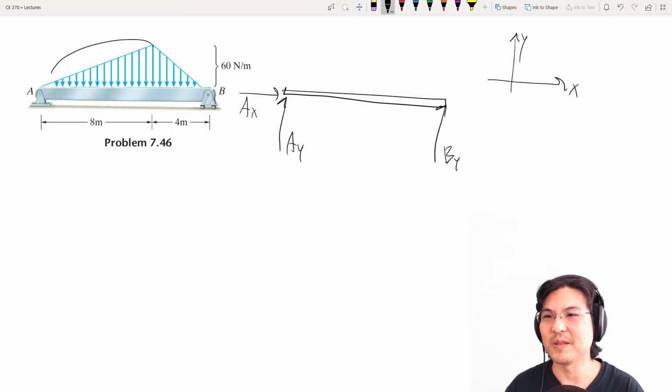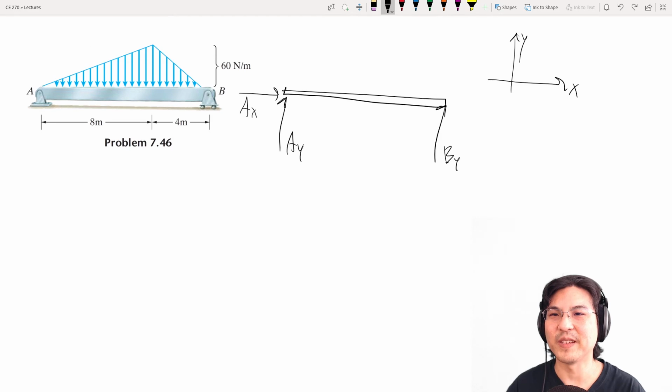This looks like a triangle, so I can represent the magnitude by the area of this shape. What's the area? 1/2 base times height, so 1/2 times 8 times 60, which is 240. 240 newton meters times meters is newtons.